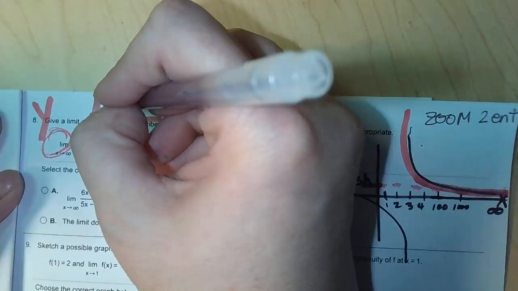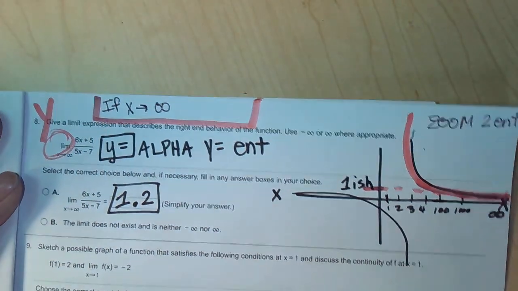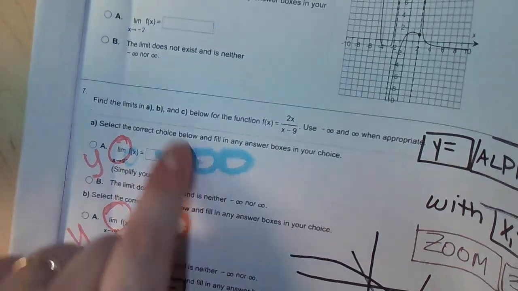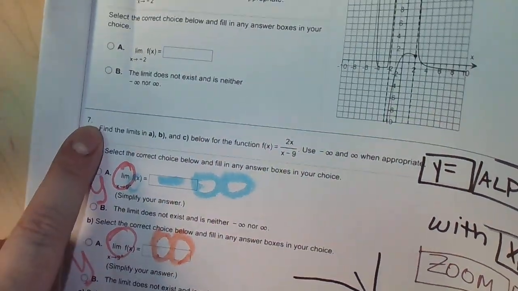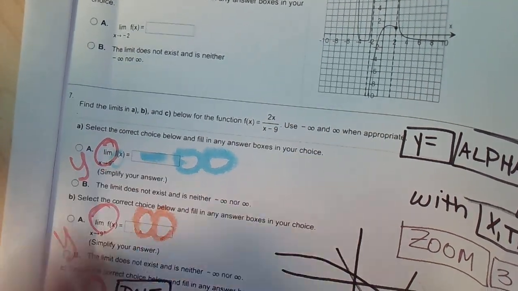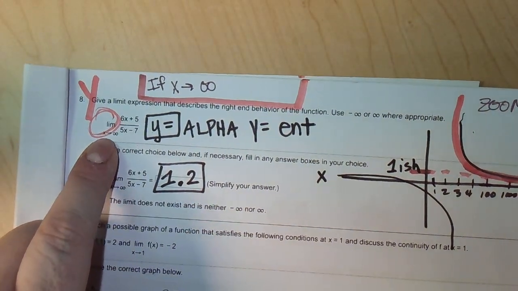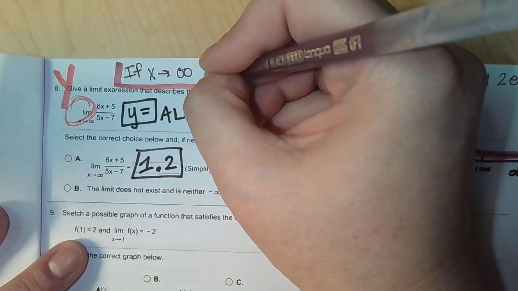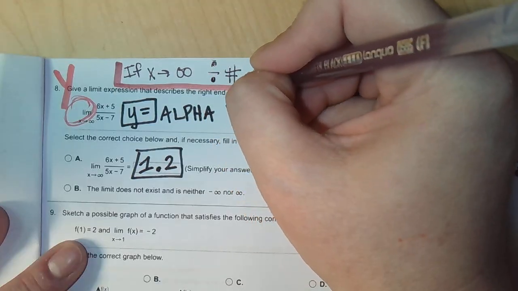Okay, the mathy way to do this is, if you have x approaches infinity, which we do, and this is the only problem that was x approaches infinity that started with an equation. See, number 7, we started with an equation, but it says x approaches a number. So this is the only problem we've done that says infinity. If x approaches infinity, you divide the numbers on the x's.